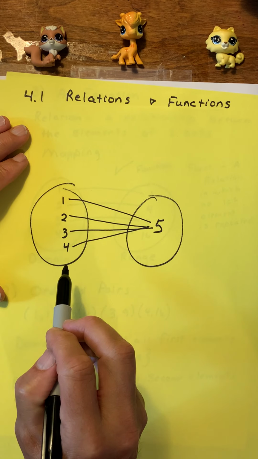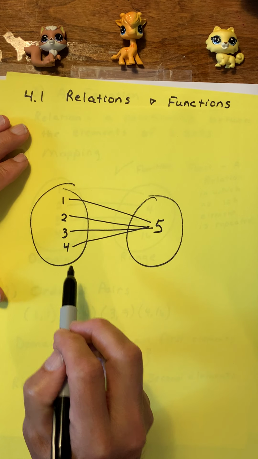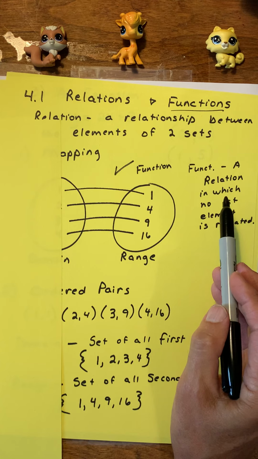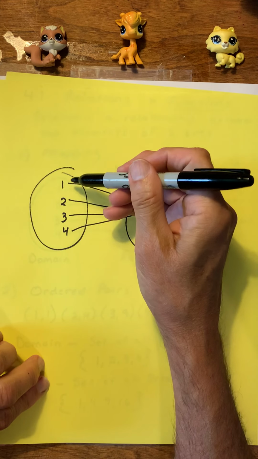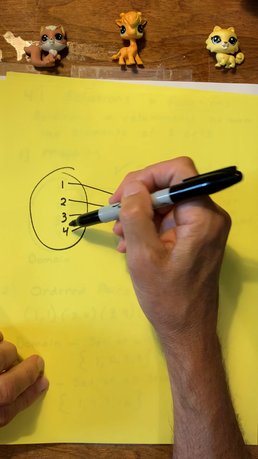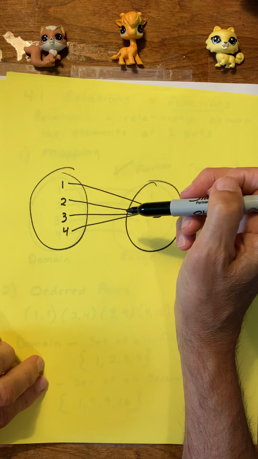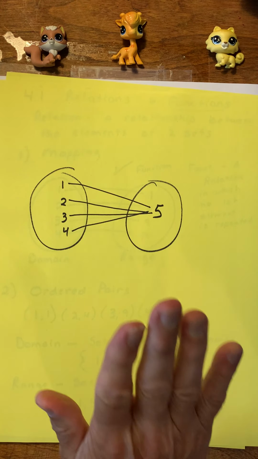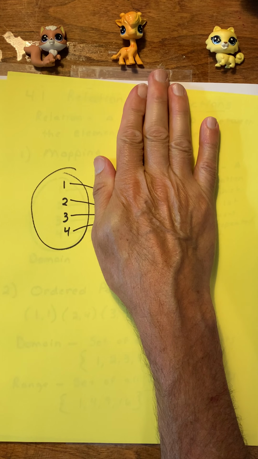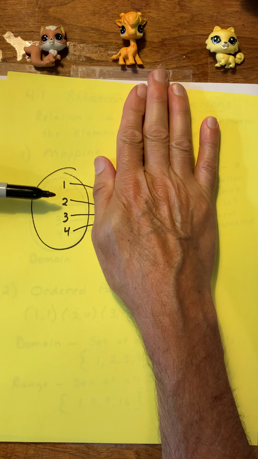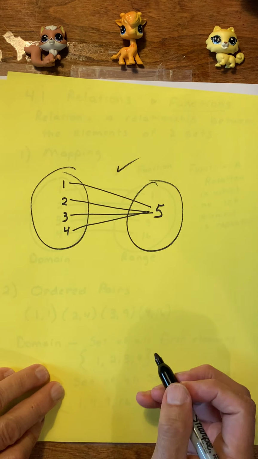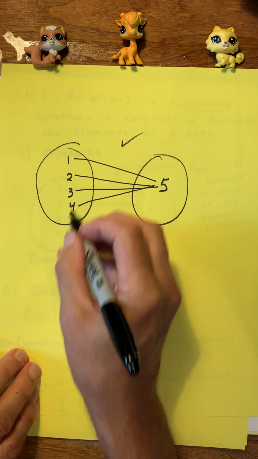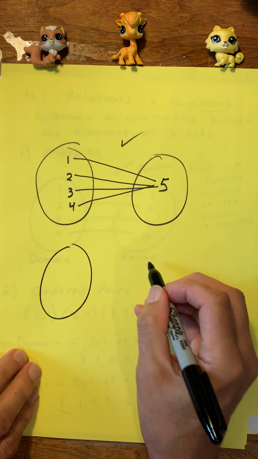Question, is this a function? Is any first element repeated? Is a first element related to more than one second element? And remember what I said, just look at the first set, the domain. Does every first element just have one line of relationship? It does. This, ladies and gentlemen, is a function. It's a weird function, but it's a function.